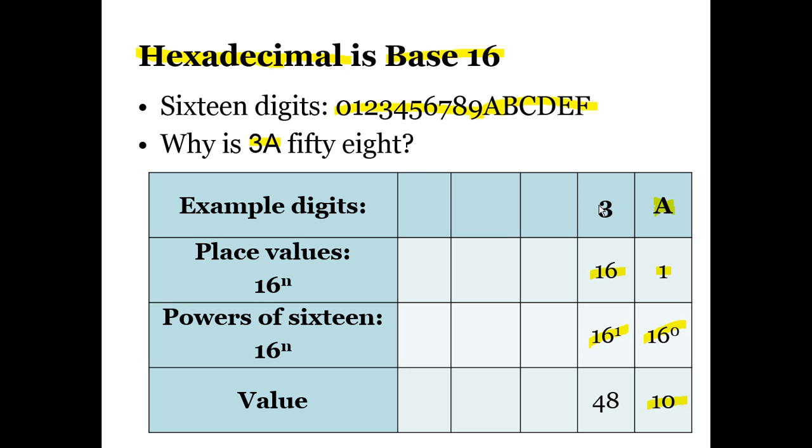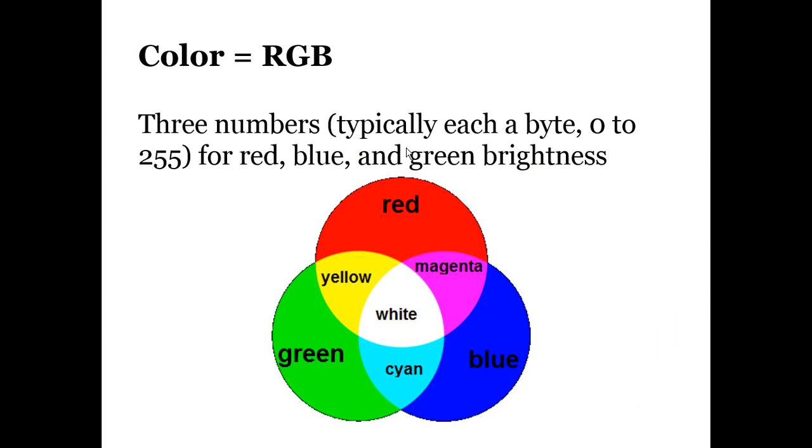So this digit is worth 16, and we have 3 of them, so 3 times 16 gives us 48. Now to calculate the decimal equivalent of 3A, we take 48 and add 10 to it. We get 58. So 3A in hexadecimal is equal to 58 in decimal.